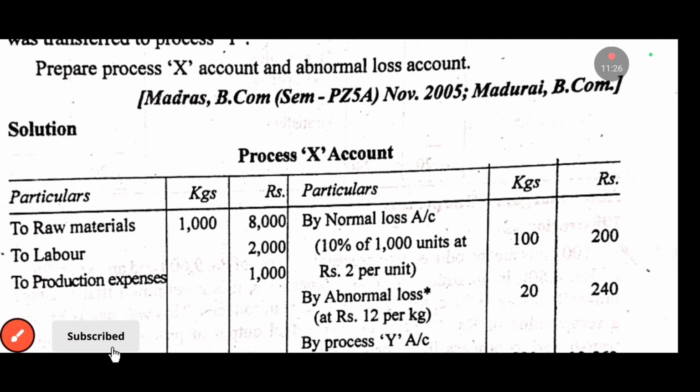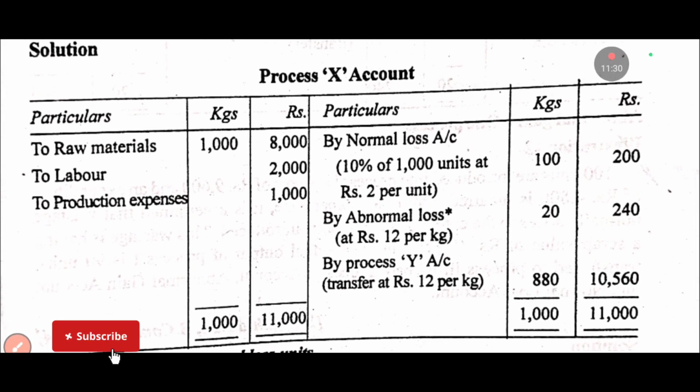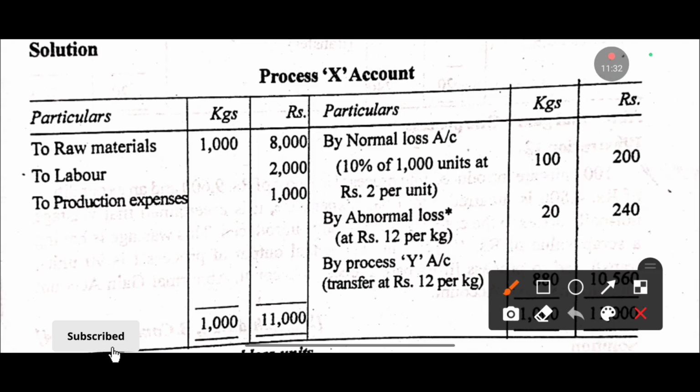Before we prepare the abnormal loss account, look at the question here in process X account. Where is the abnormal loss located? If you know this clearly, you can easily prepare the abnormal loss account separately. The abnormal loss is located on creditor side of the process X account, and its value is 20 kilos and 240 rupees.